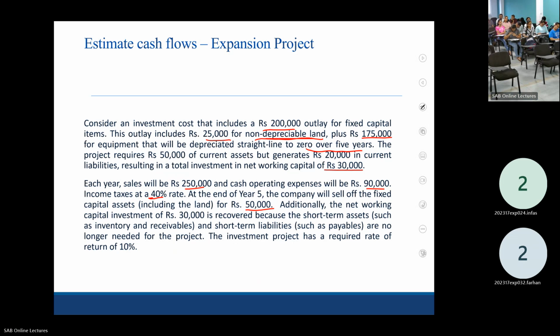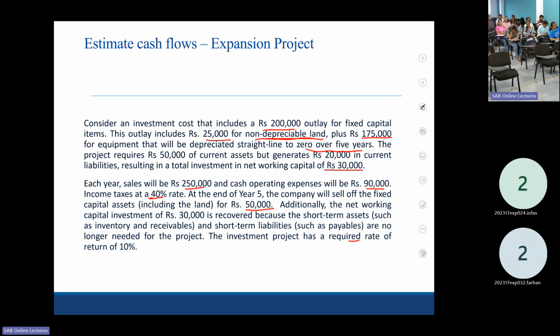In the terminal year, there is a salvage value of 50,000, including the land. Additionally, the net working capital investment of 30,000 is recovered because the short-term assets and liabilities are no longer needed for the project. So you have to release the working capital requirement in the terminal year. The investment project has a required rate of return of 10%.